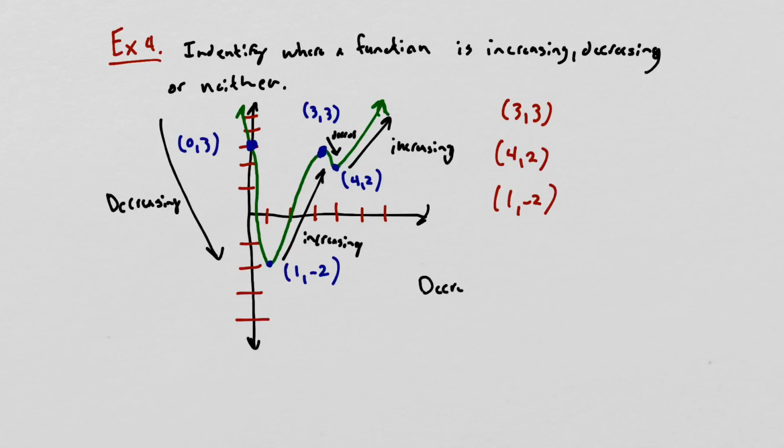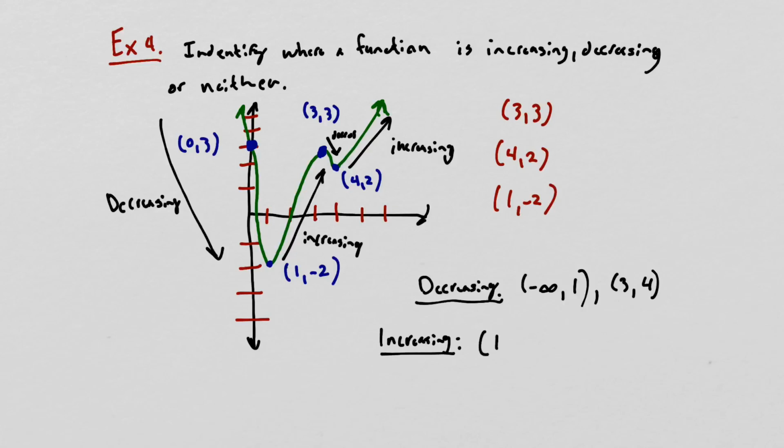The function then can be summarized as follows. The function decreases over the intervals negative infinity to 1, but not including 1, and also 3 to 4. We don't include the local max and local min inside the increasing or decreasing part of our function.